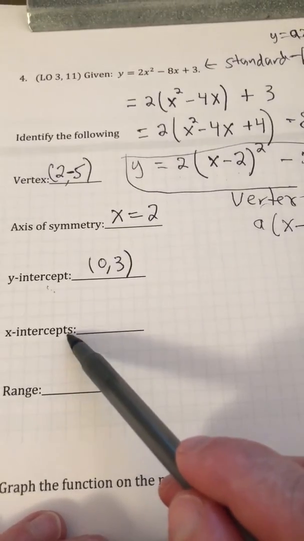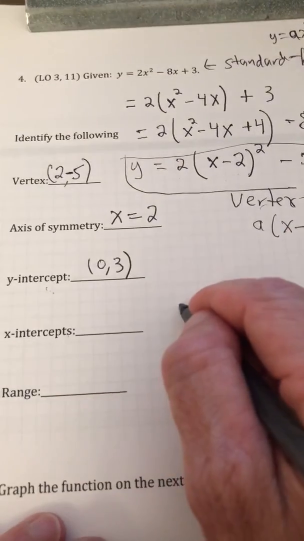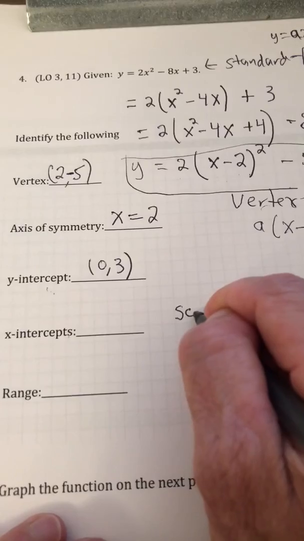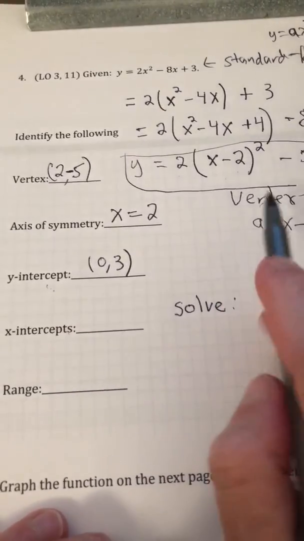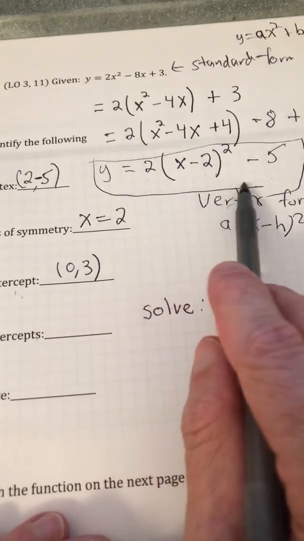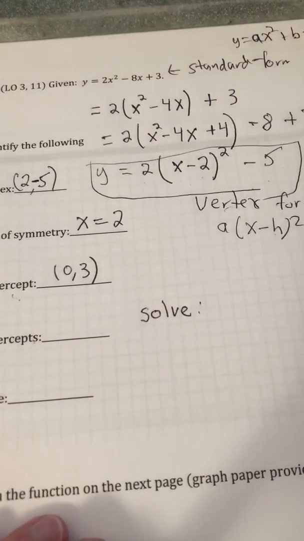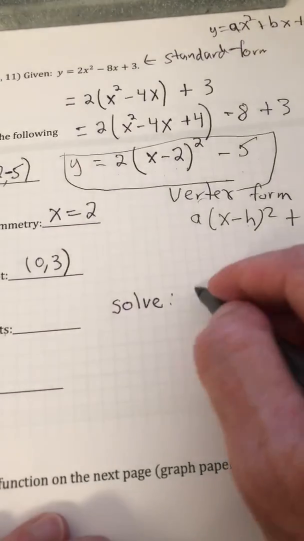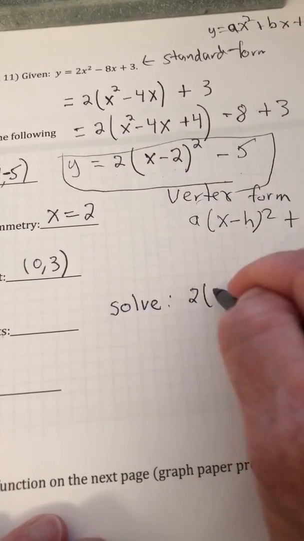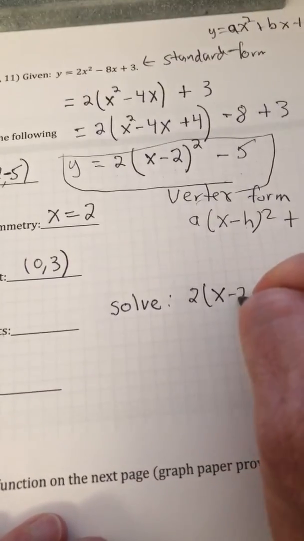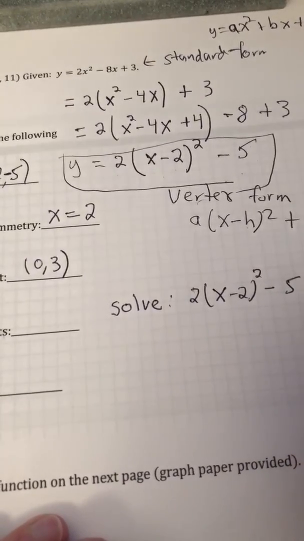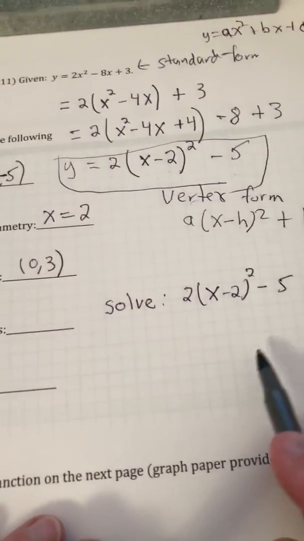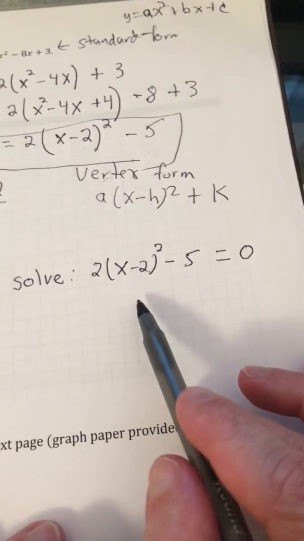Now the x-intercepts. To get the x-intercepts, you have to set y equal to 0. So go back to this equation here. We already did the work involved in completing the square. So you have to solve 2 times x minus 2, the quantity squared, minus 5 equals 0. We're going to get 2 solutions here for x.